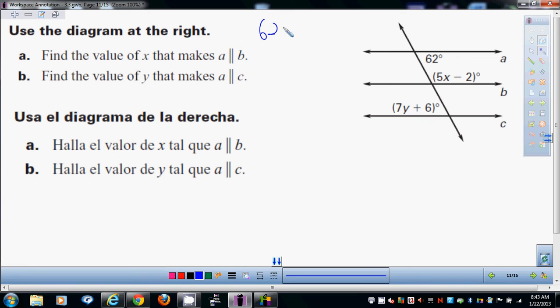What do I do now? Subtract the 60. What does that give me? Then what do I do? Divide by 5. Cool beans. Y'all did it.